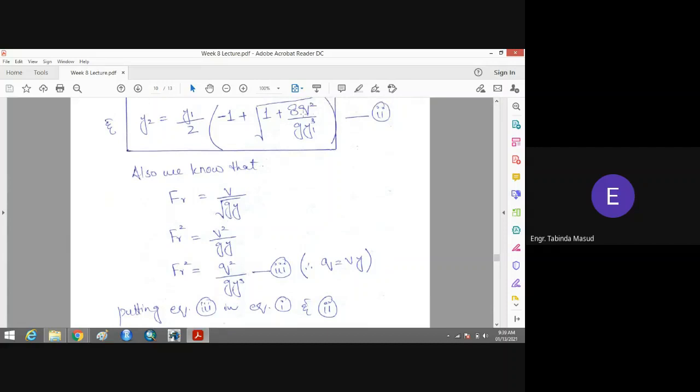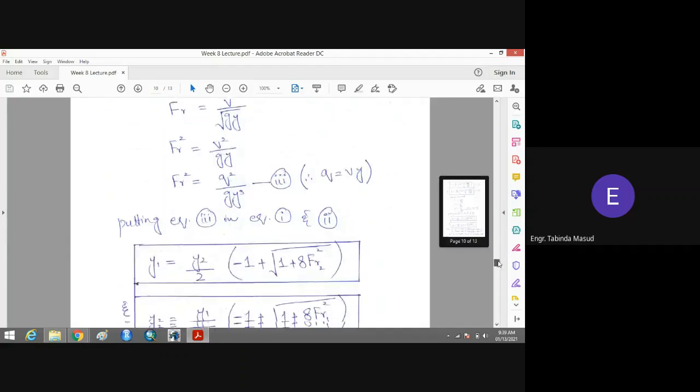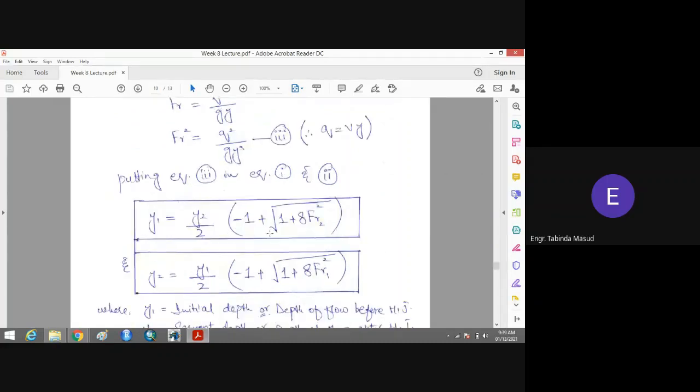Why? Because you can see here we have again square of q divided by g into cube of y1. So we can put the value of equation number 3 in equations number 1 and 2, and you will get these results. That is y1 is equal to y2 divided by 2 into minus 1 plus under root of 1 plus 8 into square of the Froude number.